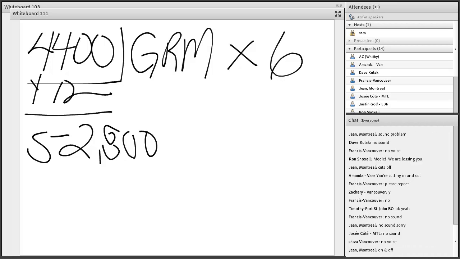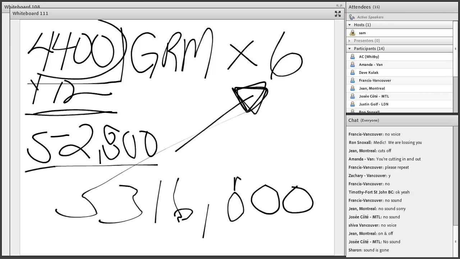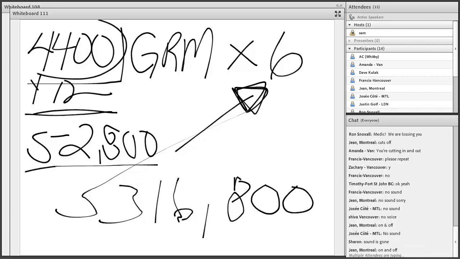We multiply that by 12, we get 52,800. Then for us to get the GRM that we're looking for, we multiply it by 6. So we take that number, and we multiply it by 6. That gives us 316,800. Somebody had that written down, I believe. Does everybody see that?